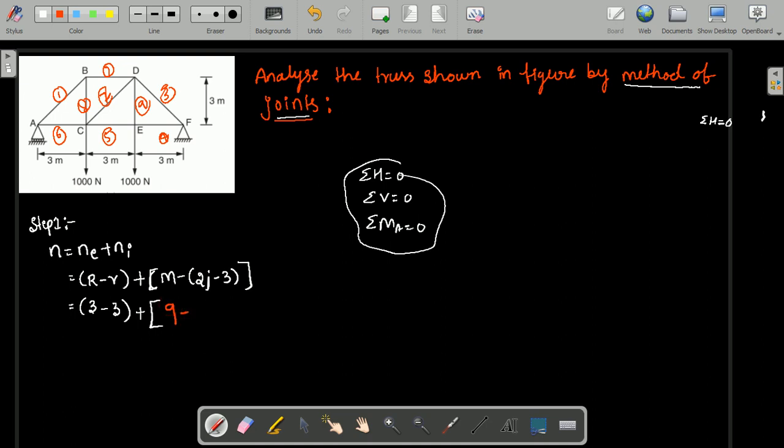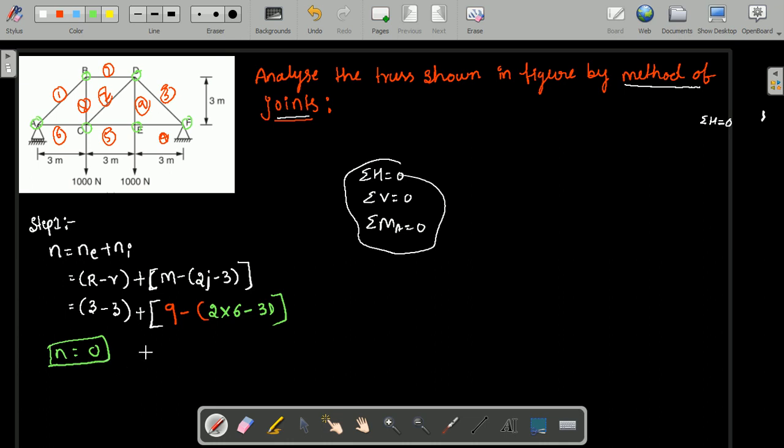For the number of joints, observe joints A, B, C, D, E and F. Totally 6 joints. So 9 minus 2 into 6 minus 3, and by solving this we get the indeterminacy as 0. We can conclude that the given truss is statically determinate.